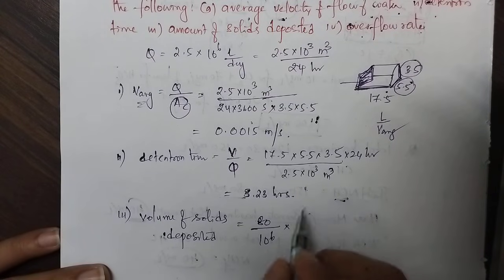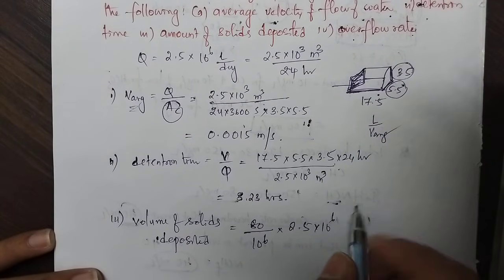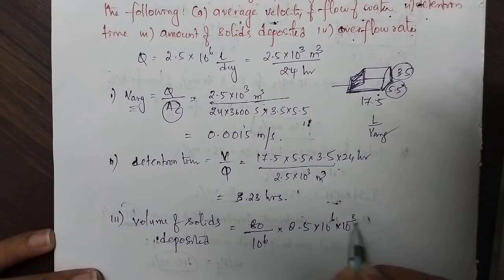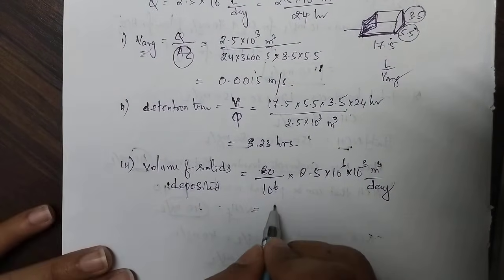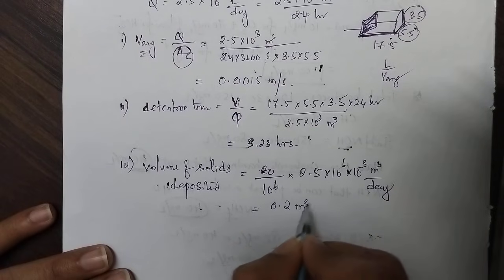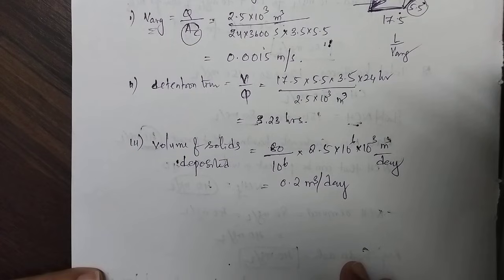Flow rate is 2.5 into 10 power 6 liters, or you can say 10 power minus 3 meter cube per day. Which is nothing but roughly 0.2 meter cube per day. So this much volume of solids are being deposited.